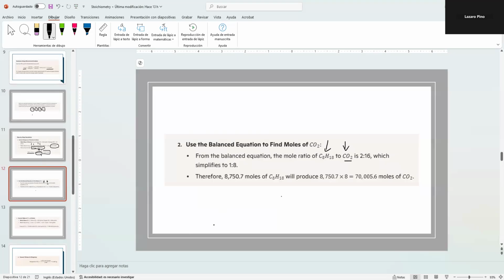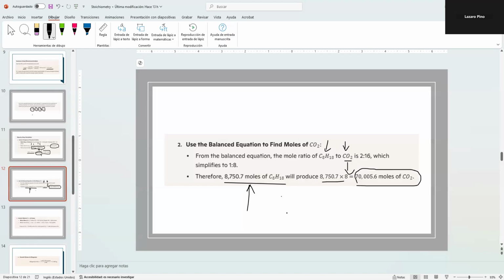So you see that if you have this number of moles of octane, you can produce this number times 8, because the ratio is 1 to 8, and you get the moles of carbon dioxide that can be produced from this number of moles of octane.